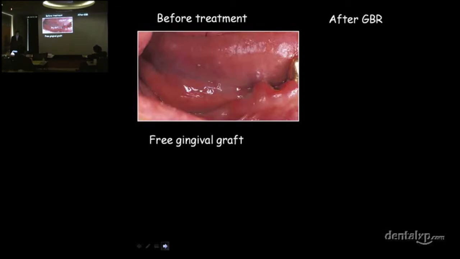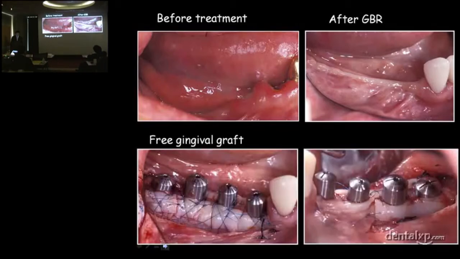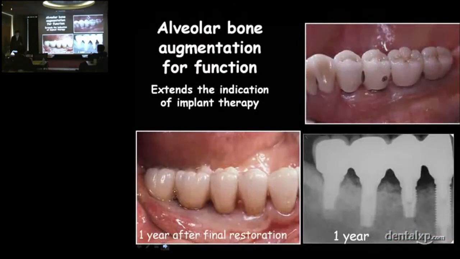This is before treatment, and this is before abutment connection. Free gingival graft was performed to get keratinized tissue around implants. Thanks to alveolar bone augmentation, we are able to position implants in sites which were previously thought to be impossible.